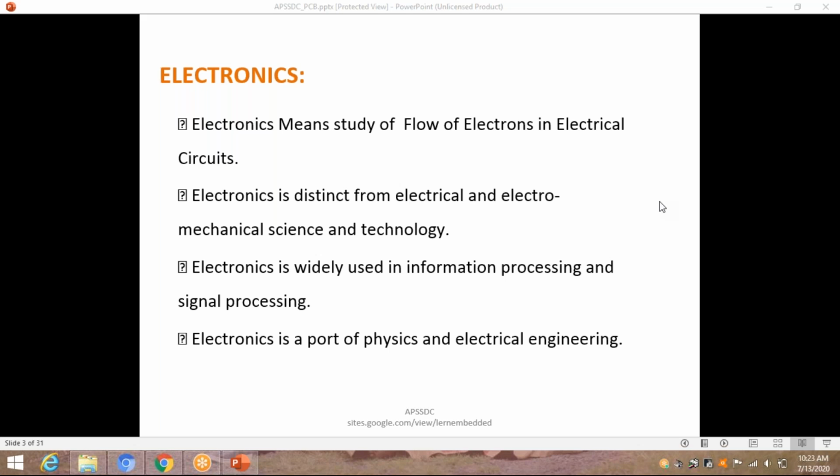You can observe in the 4th point, electronics is widely used in signal processing and information processing. Is it clear, guys? We don't need all of this theory part. Just for your concern, I am reminding you.